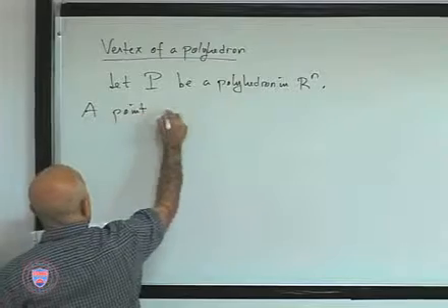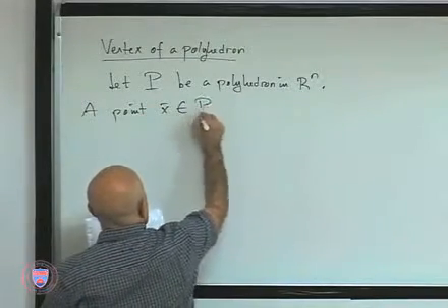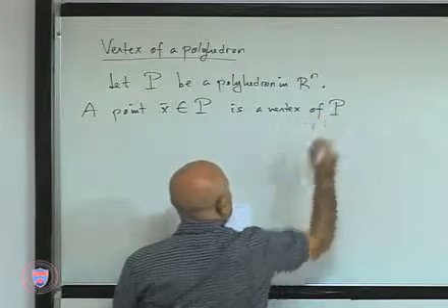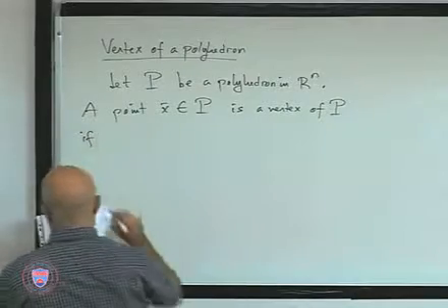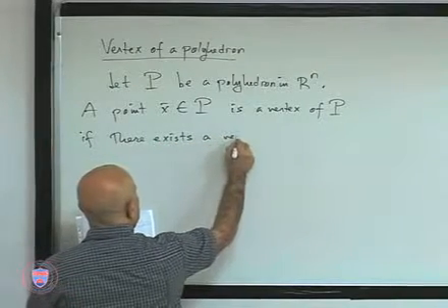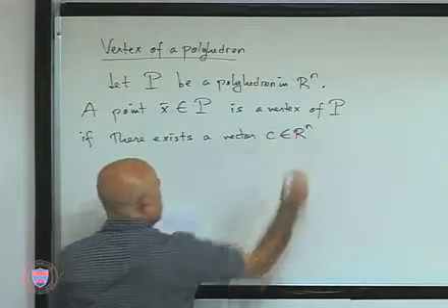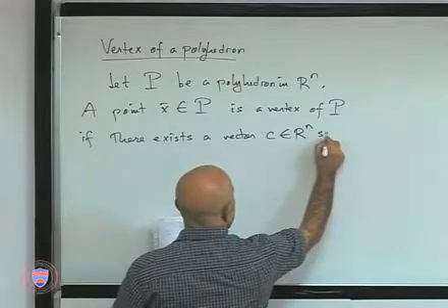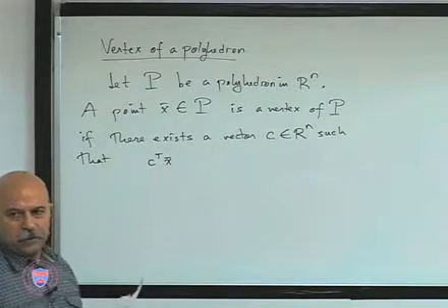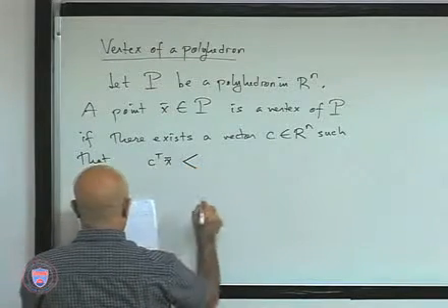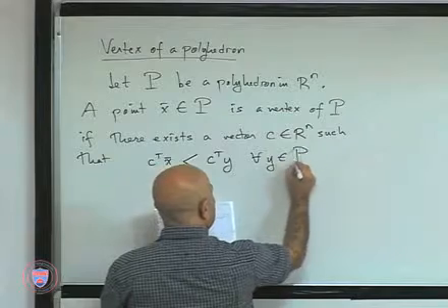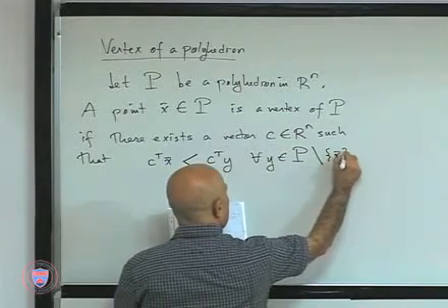A point x bar in the polyhedral set is a vertex of the set under consideration if there exists a vector C in n dimensions such that C transpose x bar, for the particular point of interest, is strictly less than C transpose y for every y in the polyhedron except x bar.